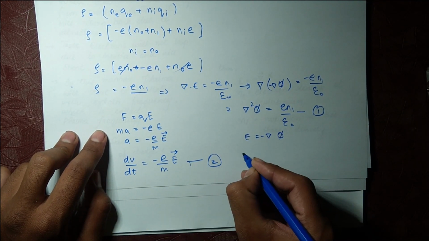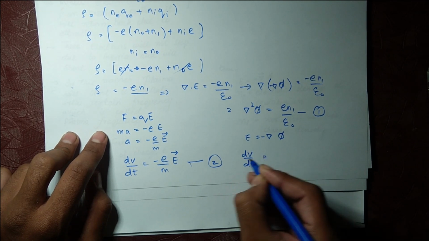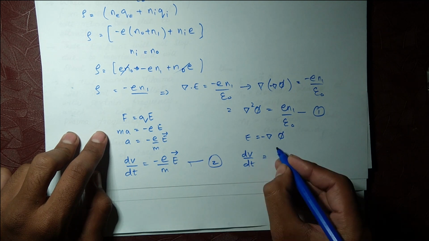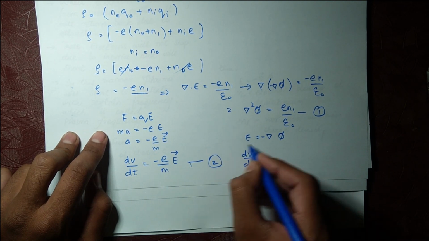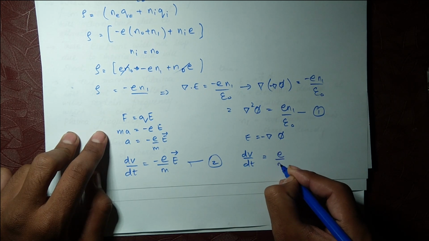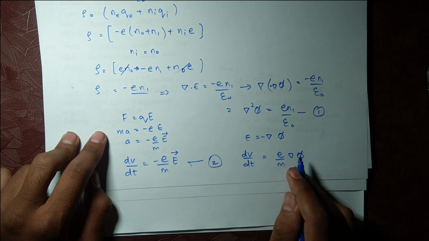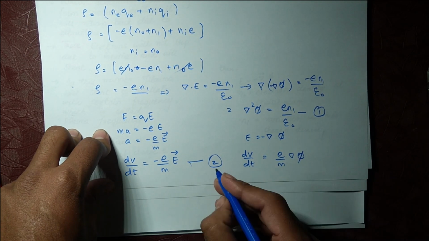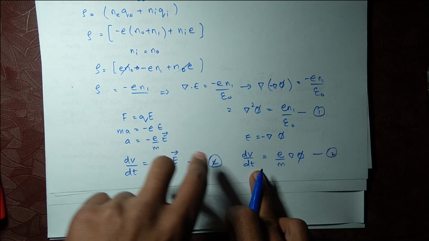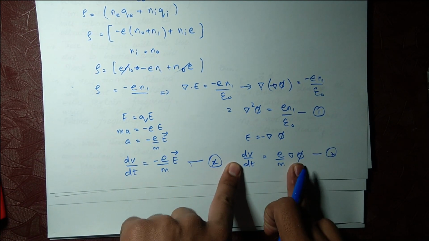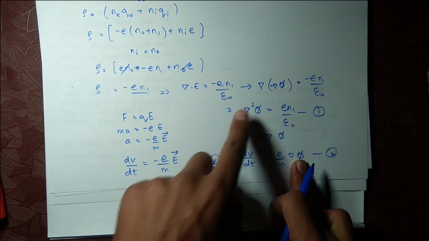From that, dv by dt is equal to minus, and this minus will cancel out, putting the value of E here, so it will be equal to e over m del of phi. We will write this as equation number 2, and put the value of dv by dt from this equation. So now we have del of phi here and del of phi here.